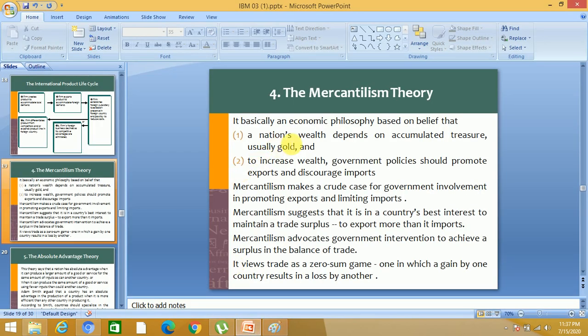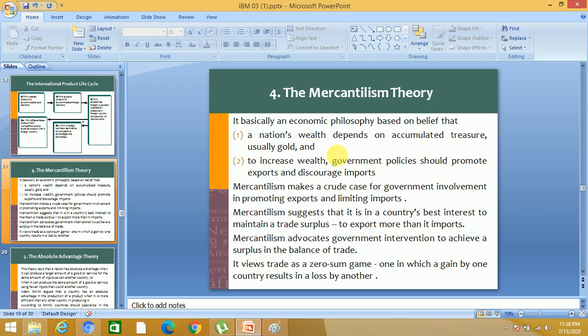See, a nation's wealth depends on accumulated treasure, usually gold. When you export more, gold will come to your country. This is basically a theory of the 17th and 18th century.